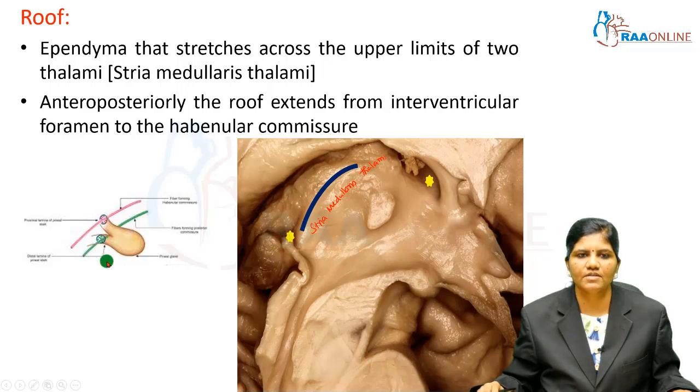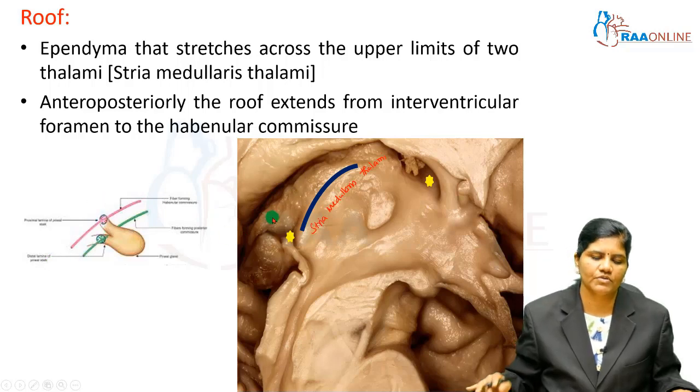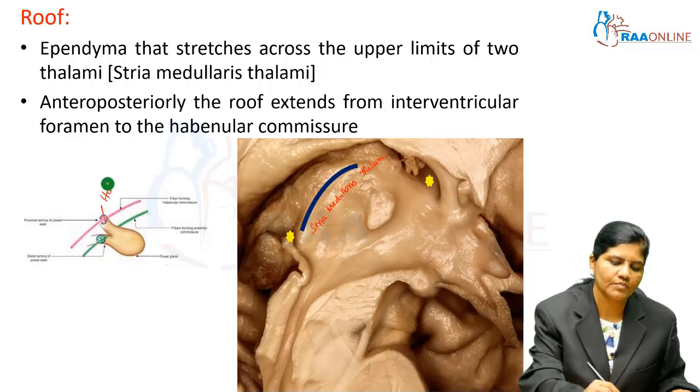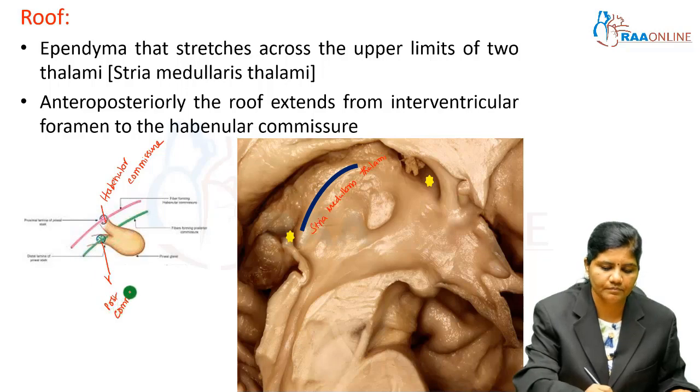Already I have told you this is the pineal gland. It has two stalks or laminae, the superior and inferior. The superior is known as the habenular commissure, which forms the roof, and the posterior commissure and the pineal gland form the posterior wall.